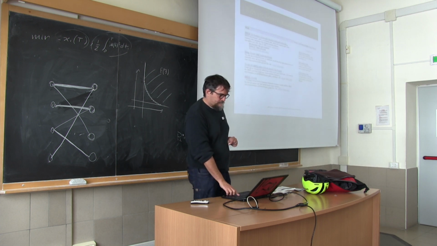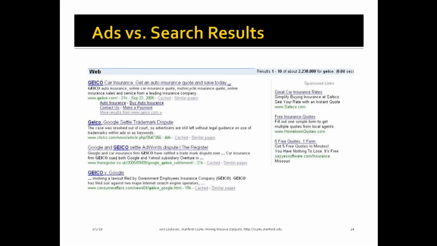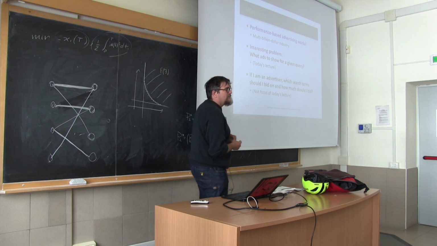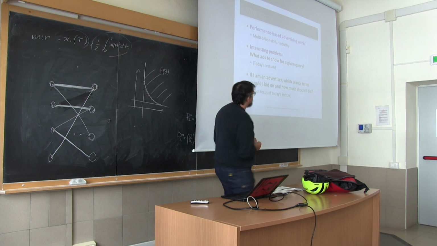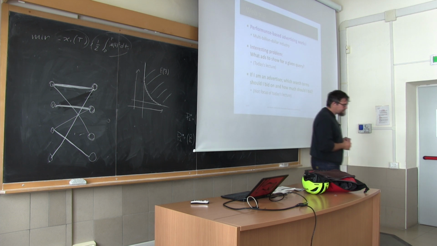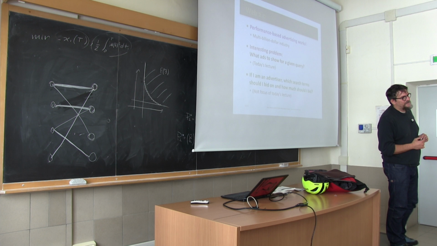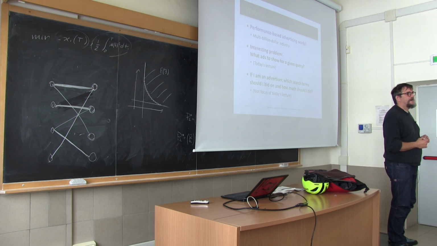This is an example of the sponsored links that can appear. It works very well indeed, and this is a very rich market. There are a number of interesting problems from the perspective of the search engine and from the perspective of the advertiser.